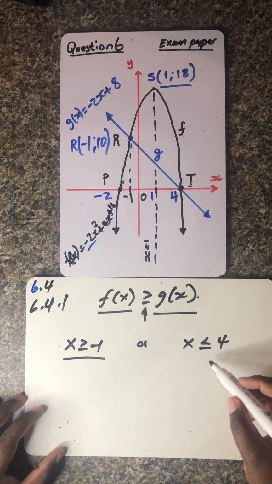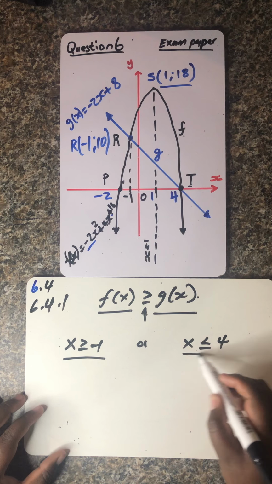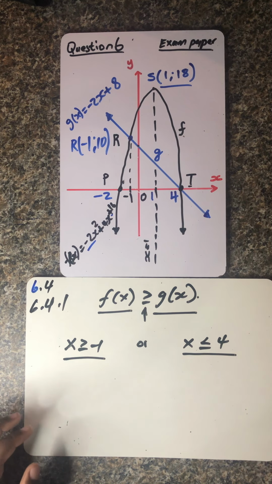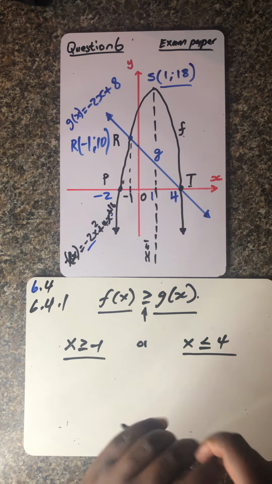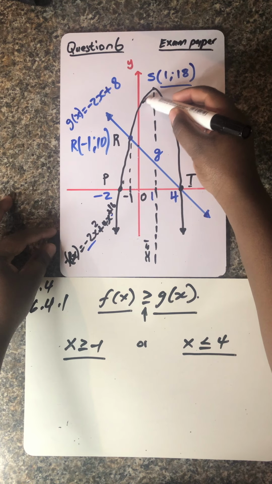So this is the -1 that we're talking about. And again, this is the point that we're talking about over there. So this is how it's going to make sense to you, and I hope so. Let me shade this part.